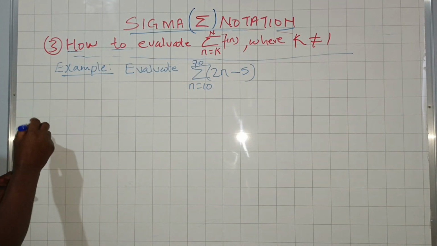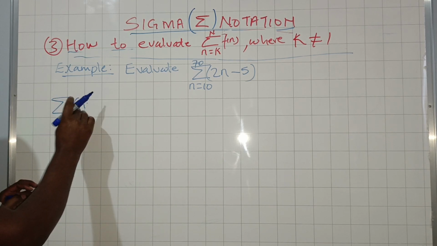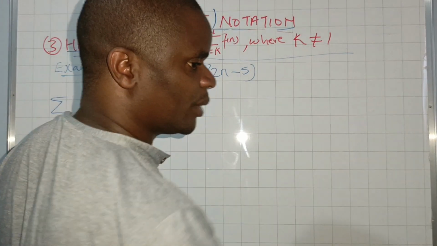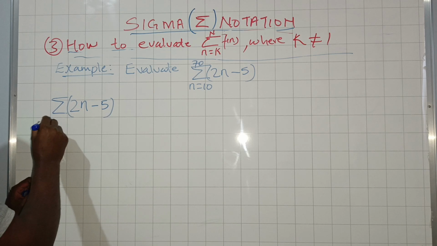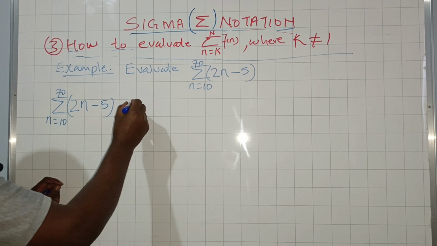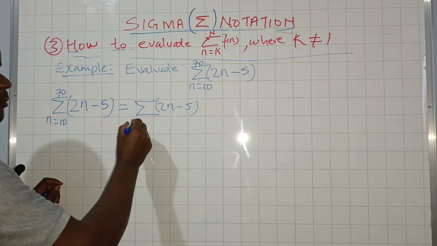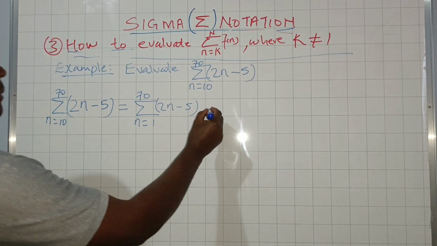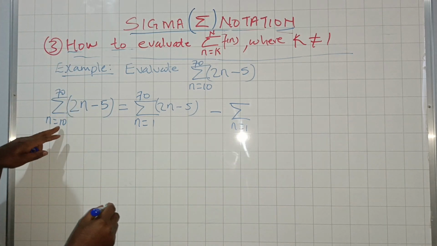So from what we have seen, the summation of f of n, the function that we're having here, the summation of 2n minus 5 from n equals 10 to n equals 70 will actually be the summation of 2n minus 5 from n equals 1 to n equals 70, minus the summation from n equals 1 to n equals k.